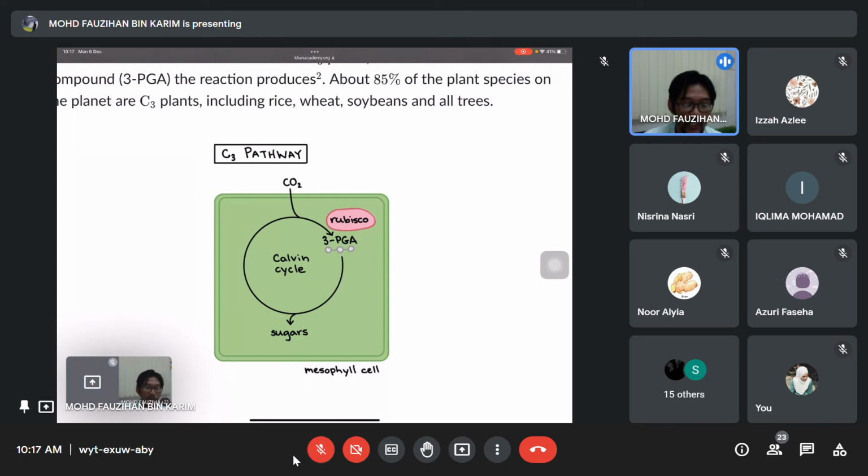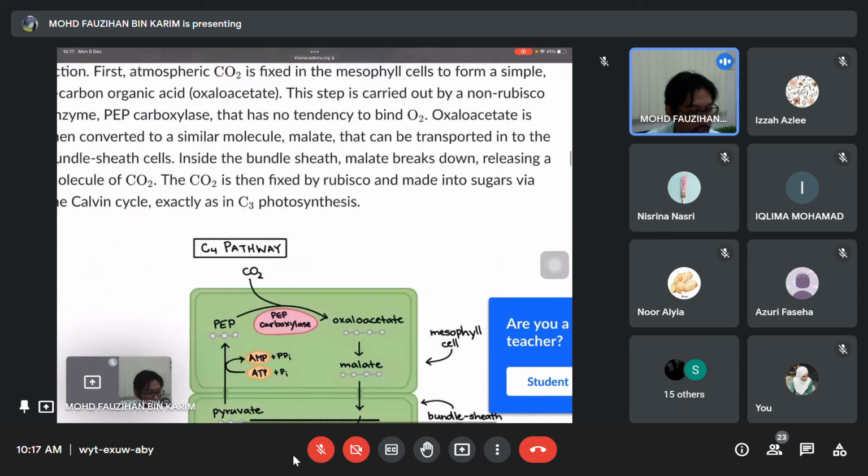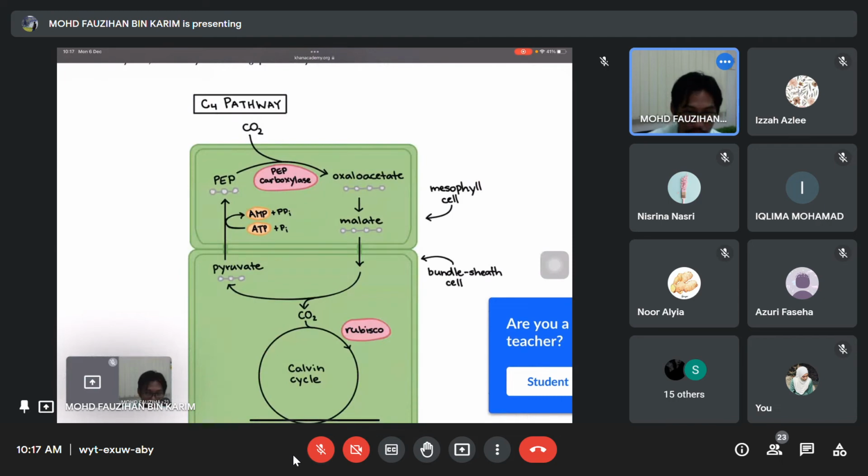So photorespiration only happens in the C3 pathway. There is no photorespiration in the C4 because of the mechanism here. They are filtered out, right? They filter out already the substrate that can bind with the Rubisco, right?